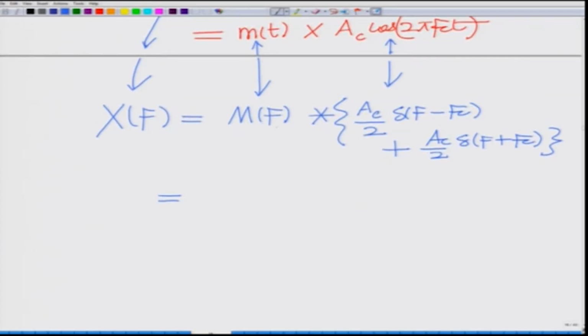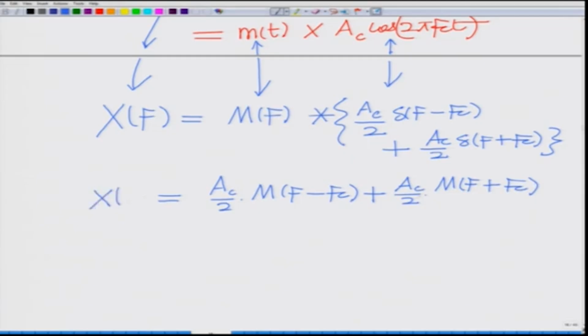So, it is Ac over 2, M(f) convolved with delta(f minus fc) is M(f minus fc), that is the spectrum of M(f) shifted to fc, plus Ac by 2, M(f) convolved with delta(f plus fc) is the spectrum M(f) shifted to minus fc, that is M(f plus fc).